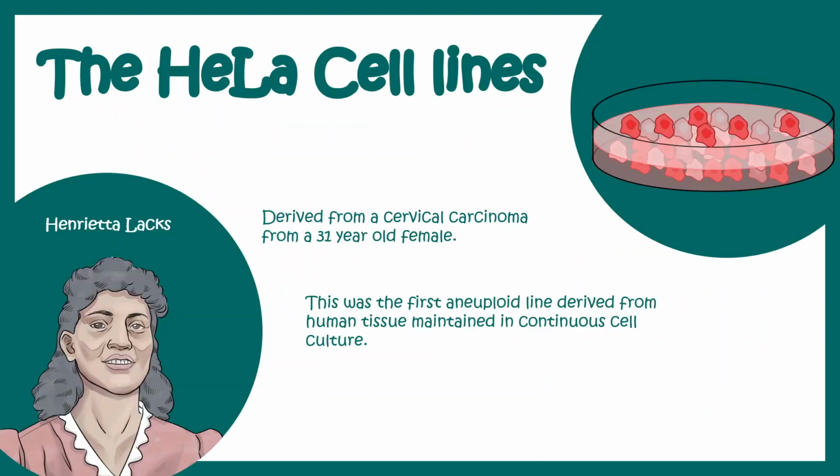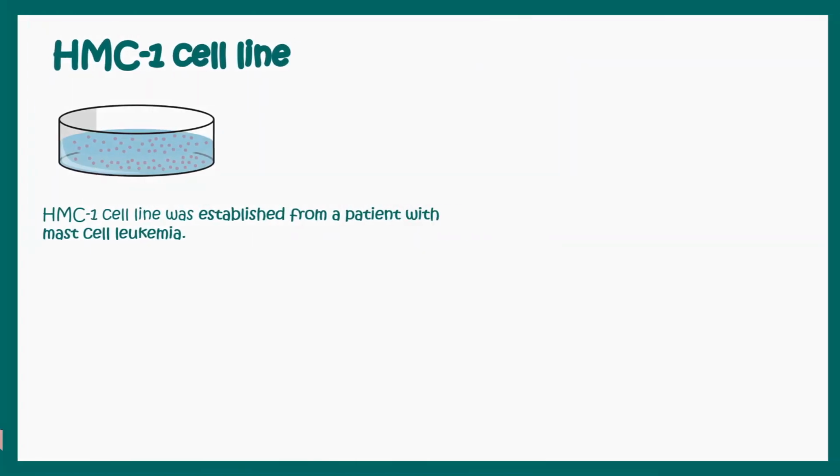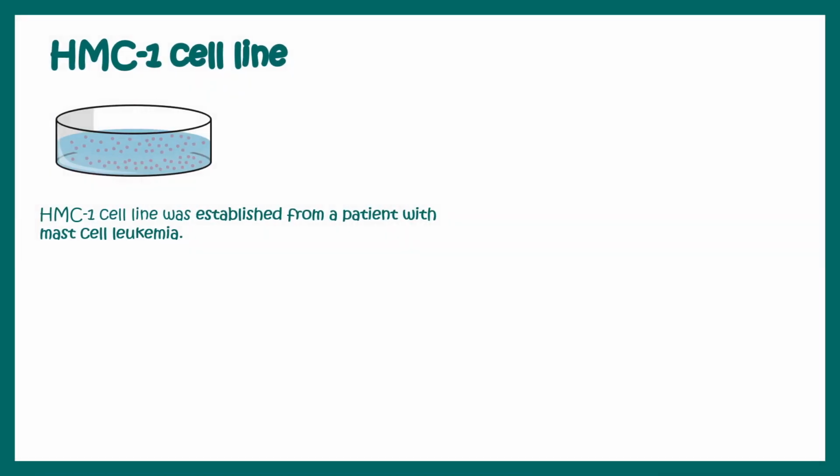The first continuous cell line ever established was the HeLa cell line, taken from Henrietta Lacks, who was a cervical carcinoma patient, and this was the first aneuploid line derived from human tissue. And so far it has been used for several purposes throughout the world.